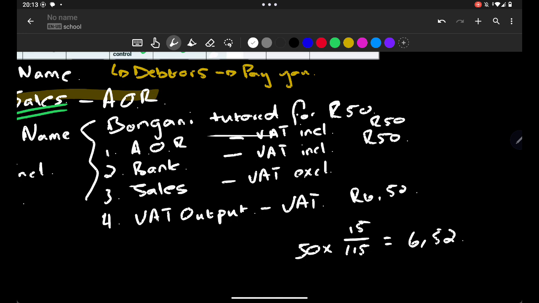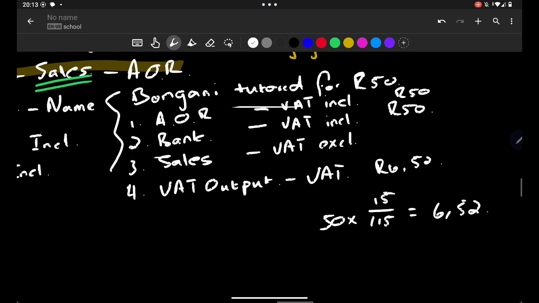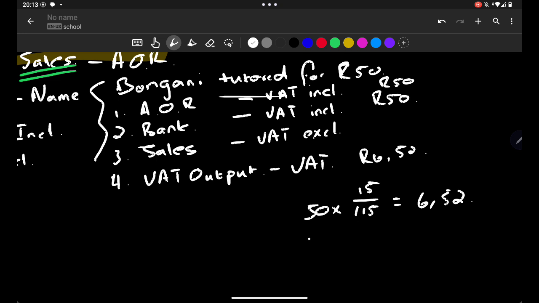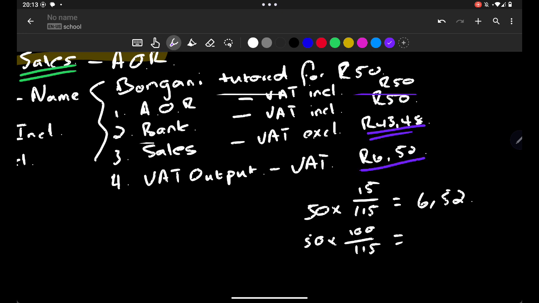Then to find your VAT exclusive amount, you're going to say 50 multiplied by 100 over 115, which gives us 43,48. If you do your maths and say 50 minus the 6 rand 52, it will give you the 43.48, right?